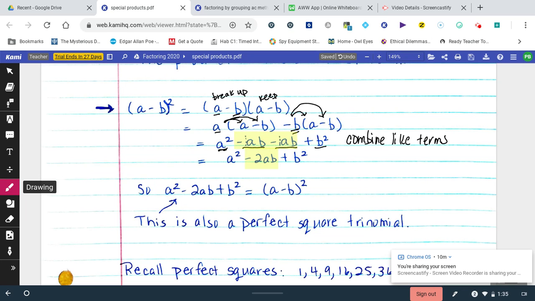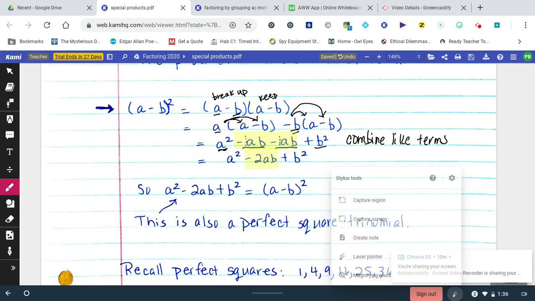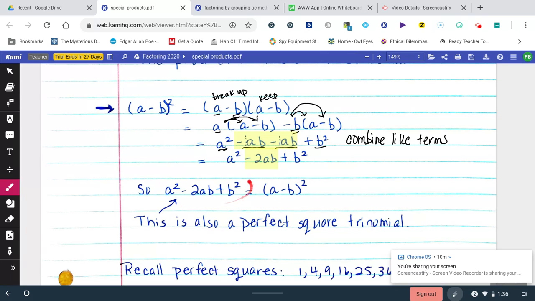So A squared minus 2AB plus B squared is what I get if I multiply A minus B by itself. In other words, if I square A minus B, I end up with A squared minus 2AB plus B squared. This is also a perfect square trinomial. It is the result of multiplying a binomial by itself.